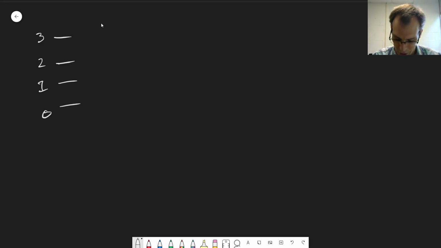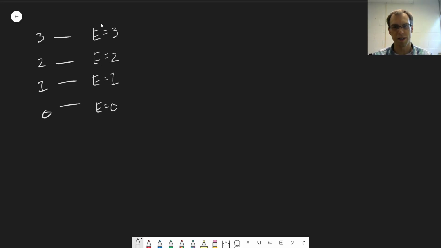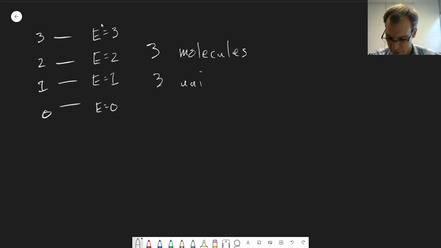We're not giving any specific units here, but if a molecule is in the 0 state, it has E equal to 0, then E equal to 1, E equal to 2, E equal to 3. Just to keep things simple, there are only these 4 possible states. Now let's imagine we have 3 molecules, and there are 3 units of energy to disperse amongst these 3 molecules.